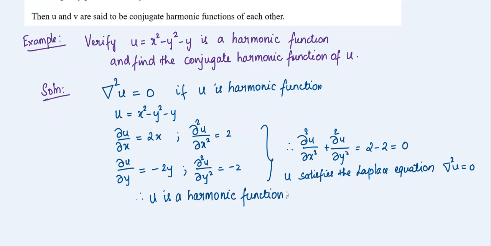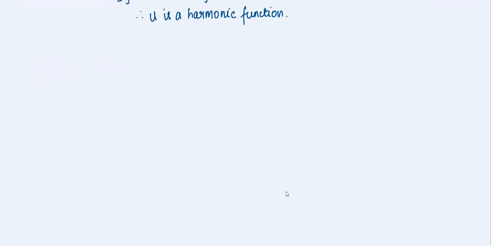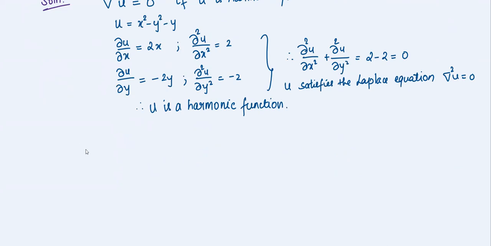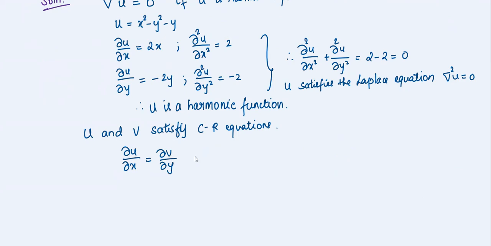Now we have to check how to find the conjugate harmonic. Whenever it is a harmonic function, u and v satisfy the Cauchy-Riemann equations. So dou u by dou x is equal to dou v by dou y, and dou u by dou y is equal to minus dou v by dou x.